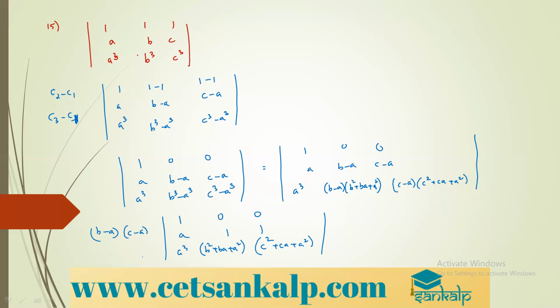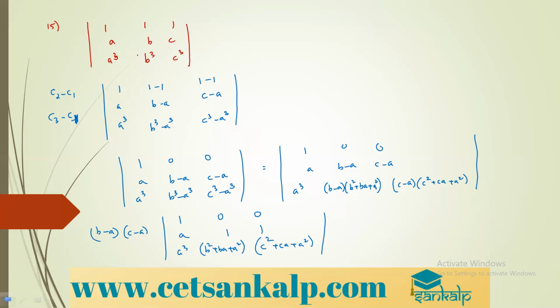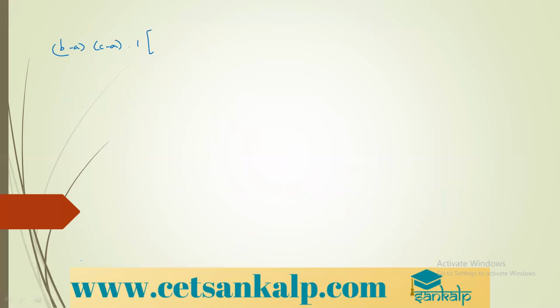So now I can take the determinant. I can write B minus A into C minus A and then 1 into what? When I multiply this minus this, what will I have?